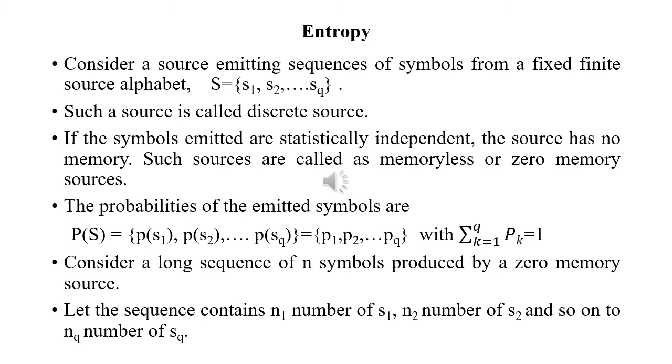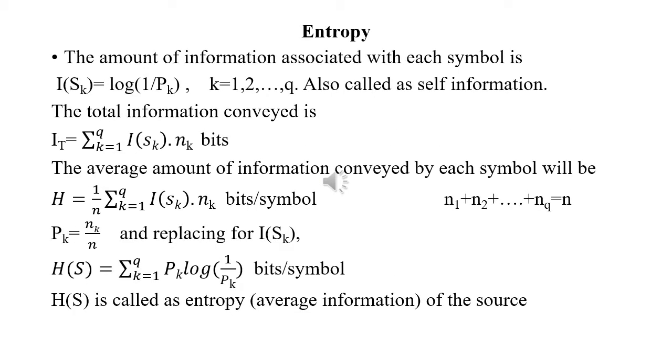Consider a long sequence of n symbols produced by a zero memory source. Let the sequence contain n1 number of S1, n2 number of S2, and so on to nq number of SQ. The amount of information associated with each symbol is I of Sk equal to log 1 by Pk, and this is called the self-information.